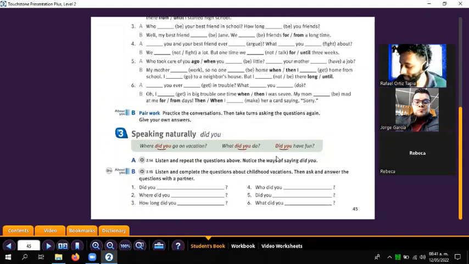Okay, so before we continue, I would like to explain some things with the simple past. All right, because simple past is the use of did, was, and were. So remember, simple past is just like simple present, like do and does.